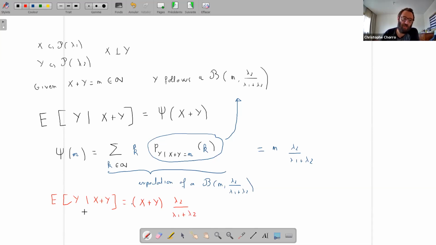So you see that here the conditional expectation is of course a function of X plus Y, and this mapping is given by the expression in red.